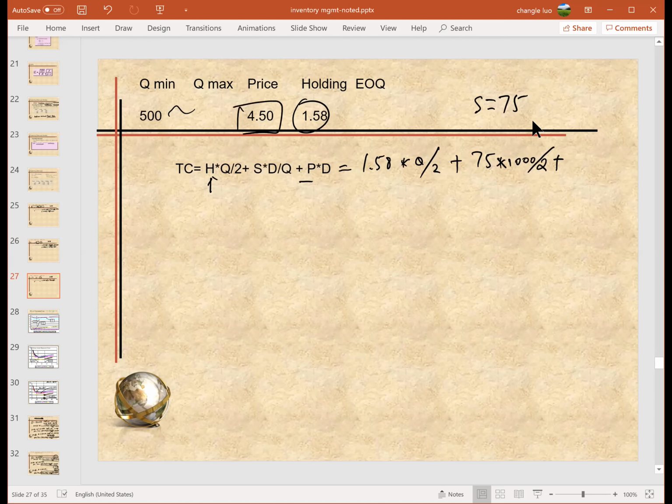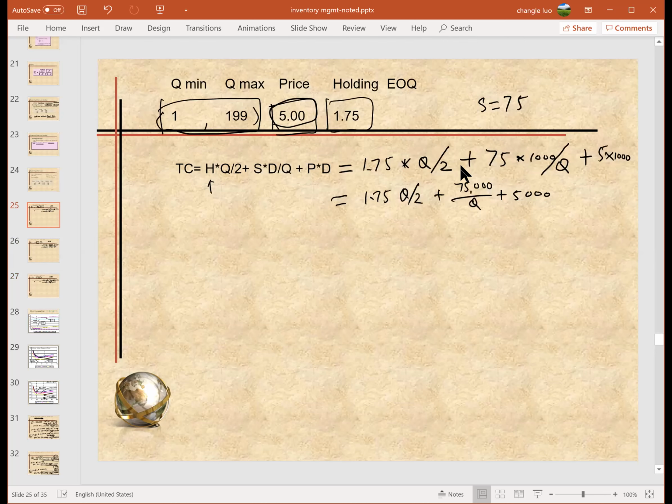Price is 4.5 times 1,000. I just try to make it cleaner to see. So this is the third equation. We have 3 different equations. Each one has its own region, and we have to work on it.